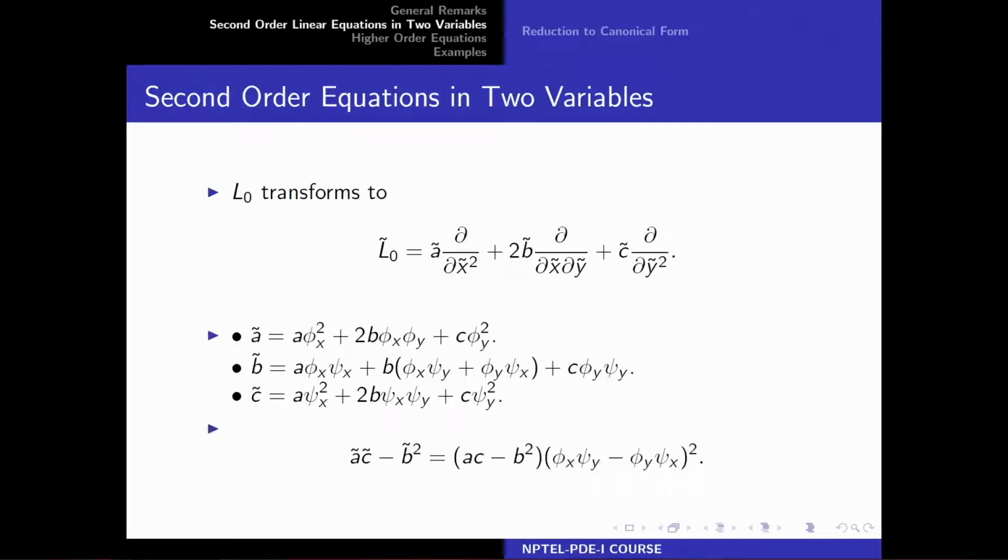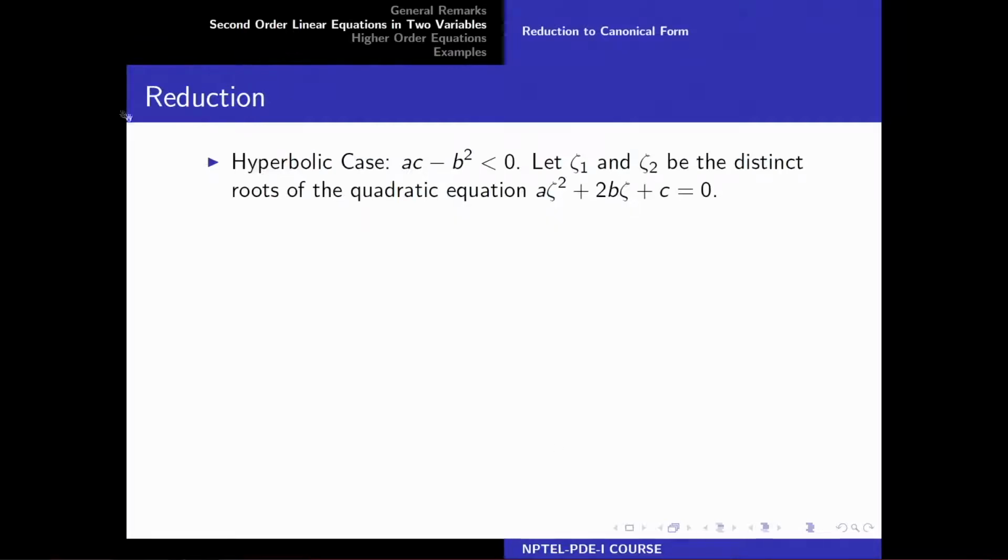So, the first case we consider is the case AC minus B square is negative, and that should happen not just at one point, but in that open set, that is important.